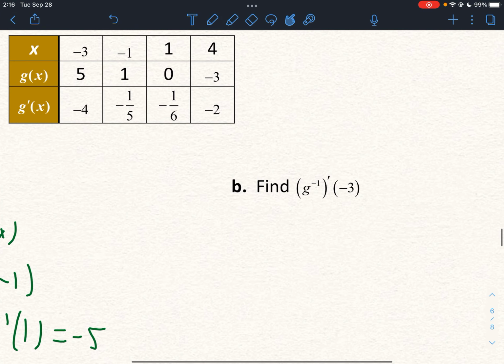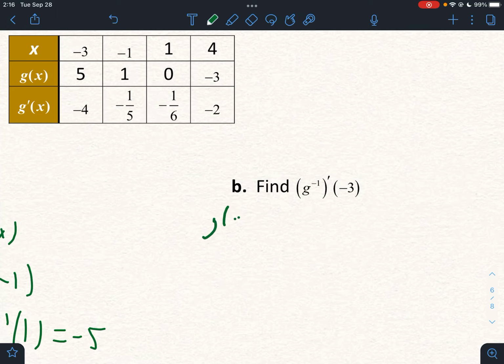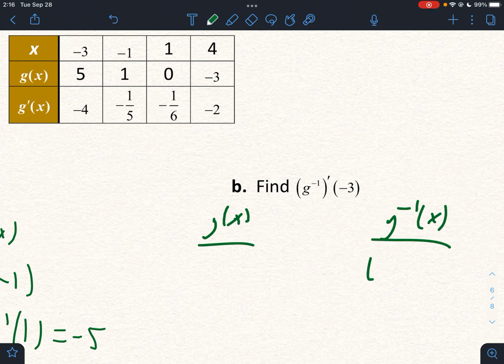So for B, same thing here, looking for g inverse prime of negative 3. So we know there's g of x here. On g inverse, the point is negative 3 comma something. So on g, it's something comma negative 3.